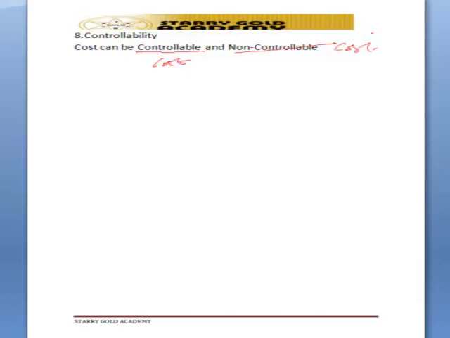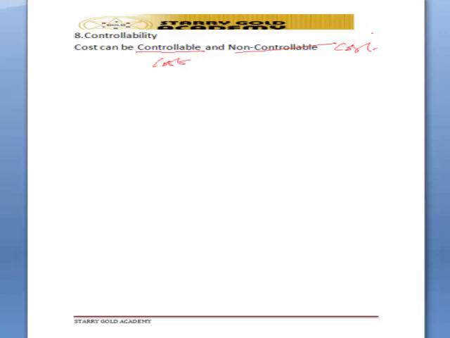Now, controllable costs are costs which can be influenced by its budget holder. That is, the management has a degree of influence on it. The difference between the terms is very important, because of the purpose of cost accounting, cost control, and responsibility accounting.